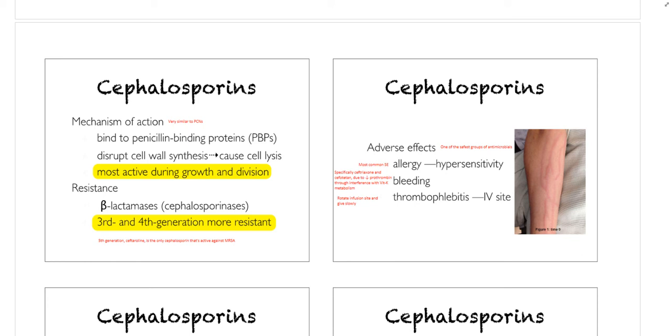Some adverse effects of cephalosporins: the most common is allergy, just some sort of hypersensitivity reaction. Bleeding is a potential because ceftriaxone and cefotetan are going to reduce prothrombin levels by interfering with vitamin K metabolism.